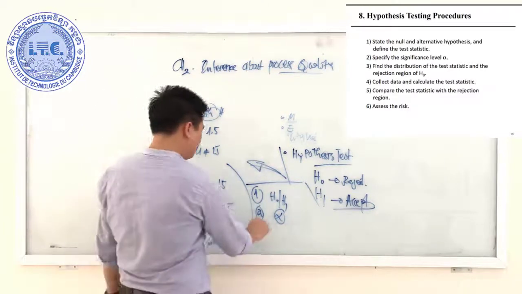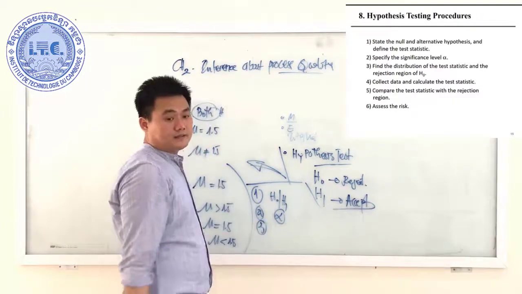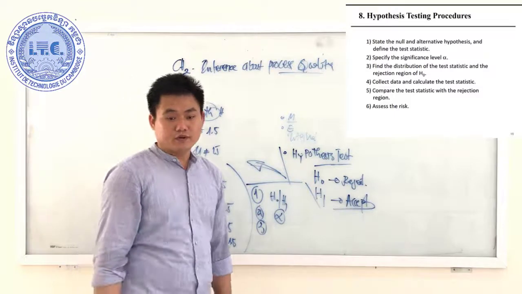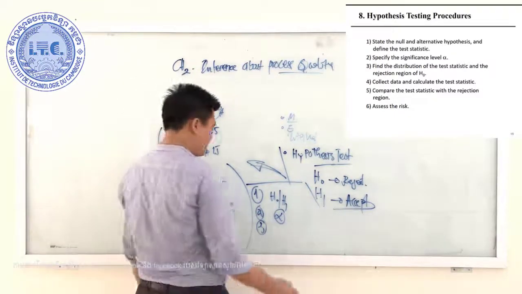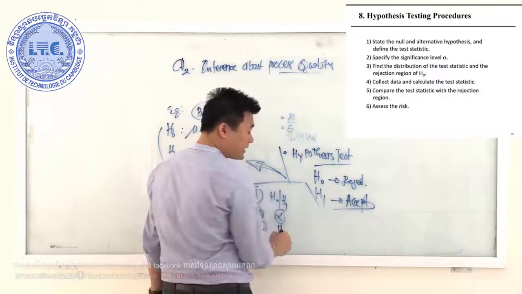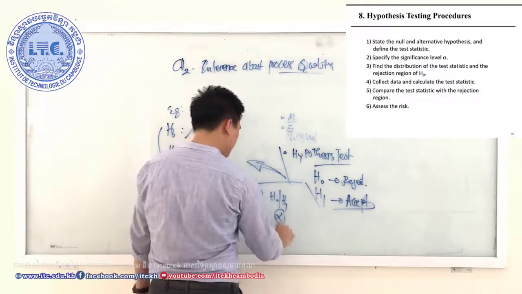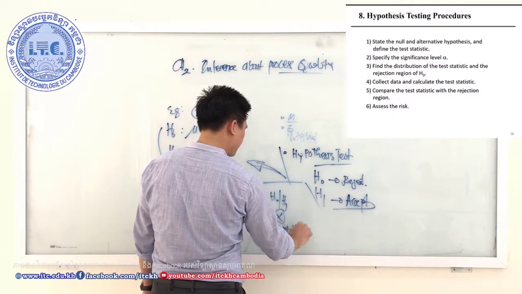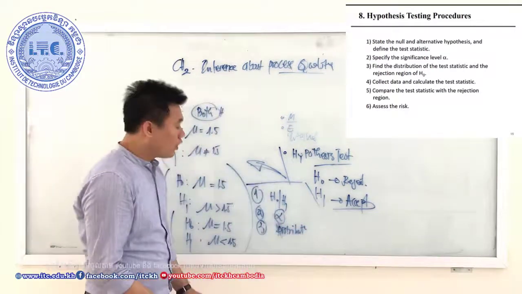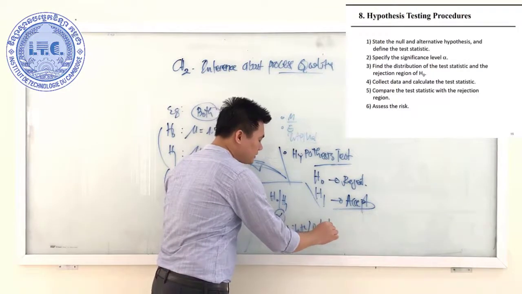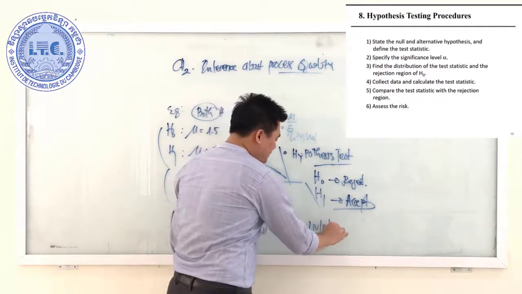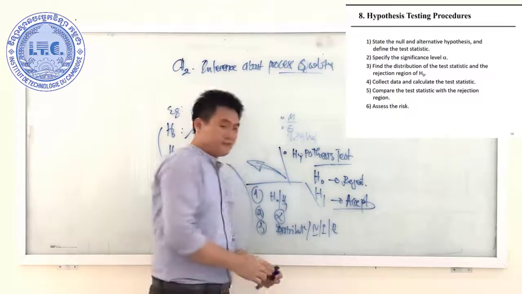And the third one is to find the distribution for test and reject regions of H1. You need to find the distribution. There are normal distribution, Poisson distribution, binomial distribution. This is the distribution. Yeah.